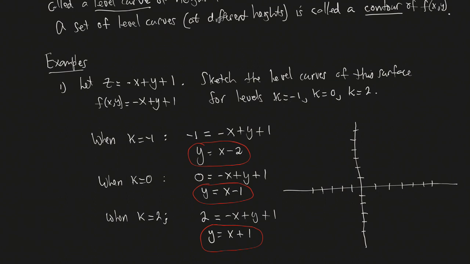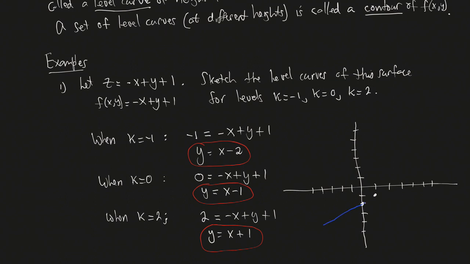It doesn't have to be k, but as long as you're clear what fixed value of your dependent variable you're working with, you can derive the level curves. This one will have a y-intercept of negative 2 and slope 1, so you just go up 1 over 1. Let me do each of these in different colors.